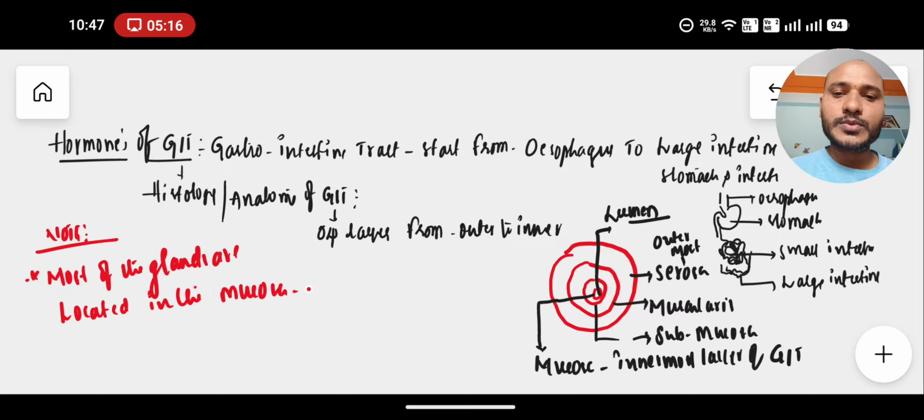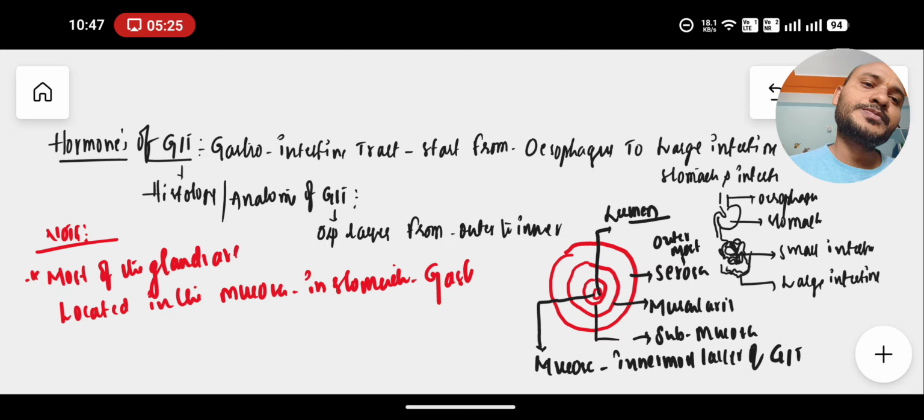For example, in the stomach we have a gland called the gastric gland, and also the crypts in the small intestine, the duodenum.